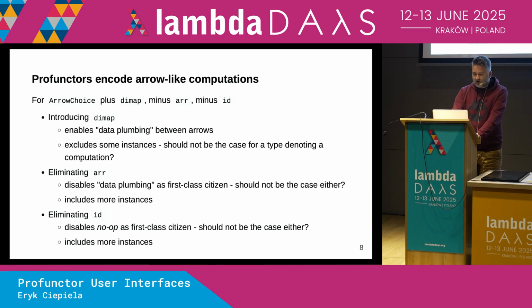And if we eliminate arr, it disables data plumbing as a first-class citizen, but still we have data plumbing as a second-class citizen using the dimap function. On the other hand, it includes more instances. And the same applies to the id function.